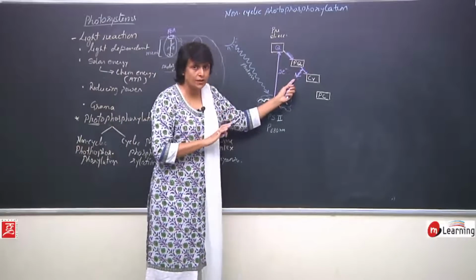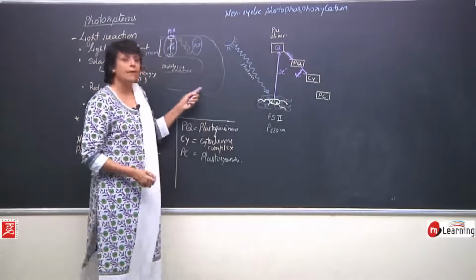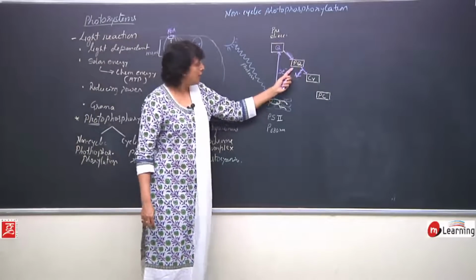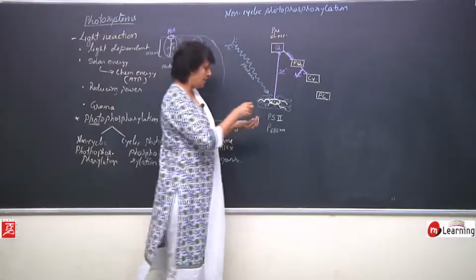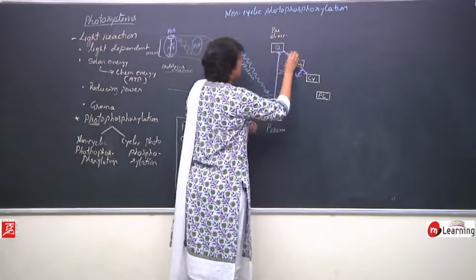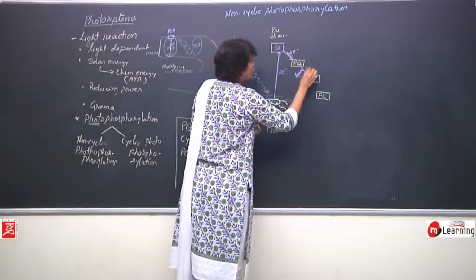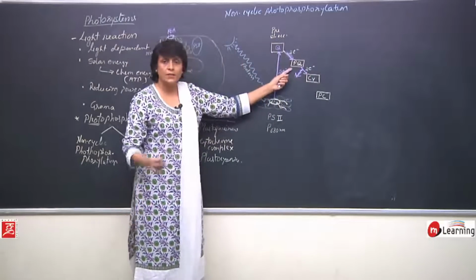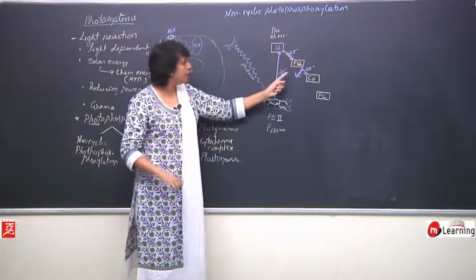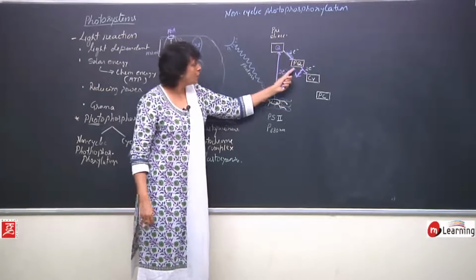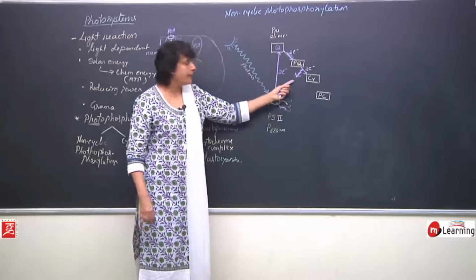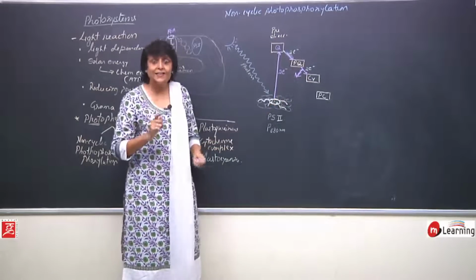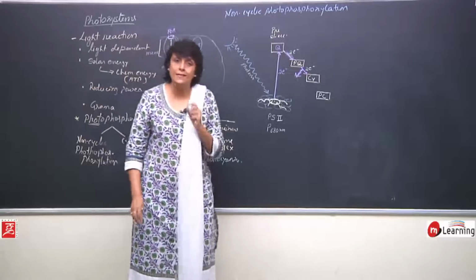ATP synthesis does not take place here, that we will see later when we come to the chemiosmotic theory. Let us keep writing this pair of electrons which is moving. When they move from the primary electron acceptor to plastoquinone, energy is not given out. When they move from plastoquinone to cytochrome complex, all that extra energy is released. That energy is used to synthesize ATP.